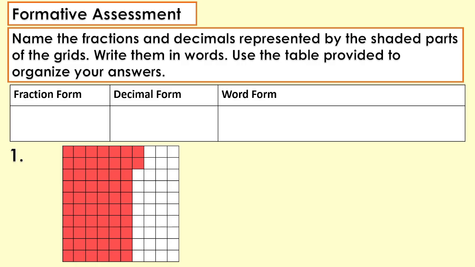Day 5. Formative assessment. Name the fractions and decimals represented by the shaded parts of the grids. Write them in words. Use the table provided to organize your answers. Number 1. In fraction form. In decimal form.